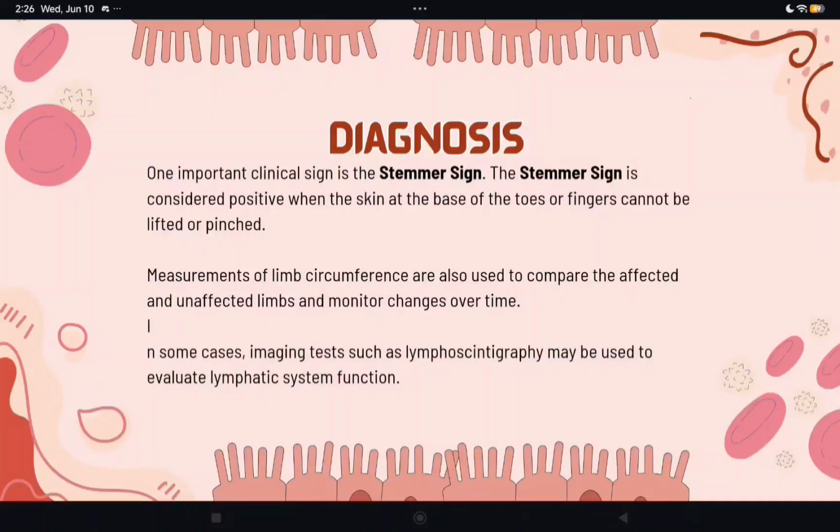Measurements of limb circumference are also used to compare the affected and unaffected limbs and monitor changes over time. In some cases, imaging tests such as lymphoscintigraphy may be used to evaluate lymphatic system function.